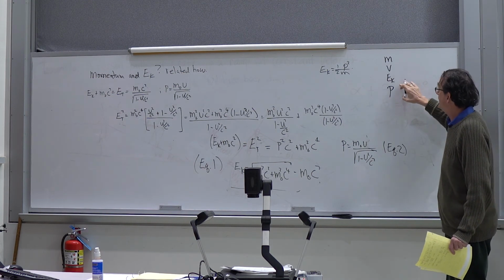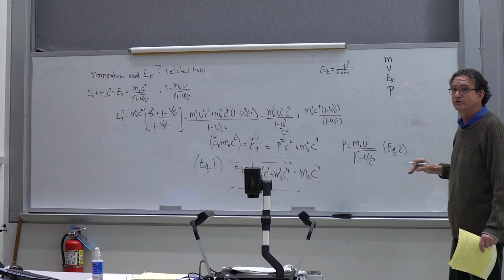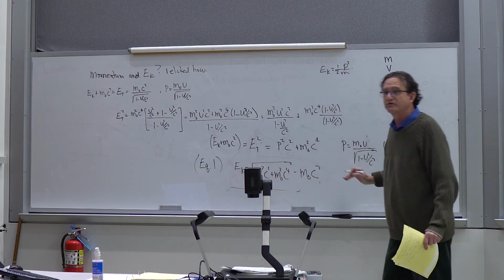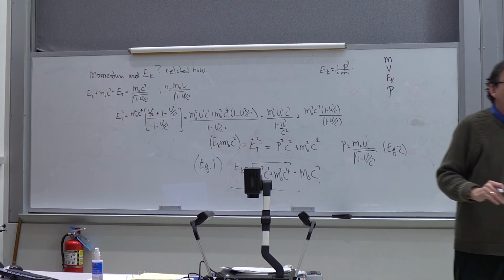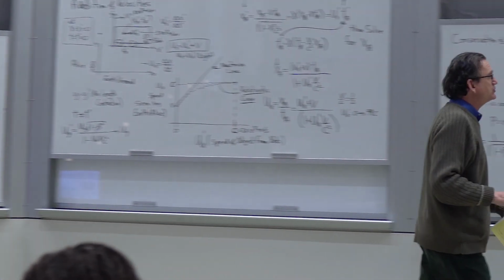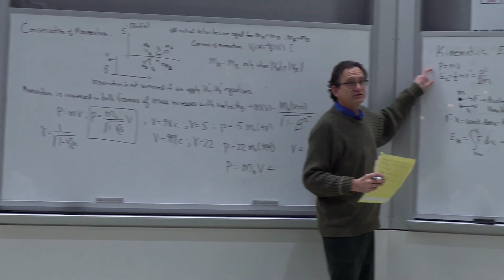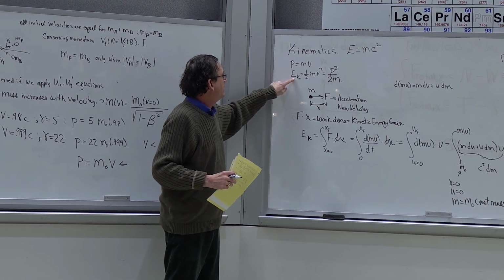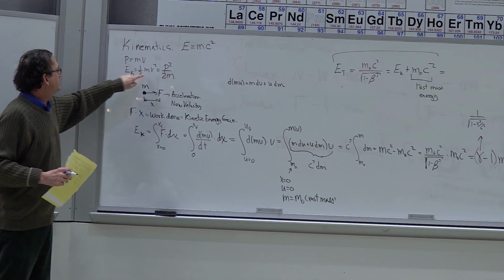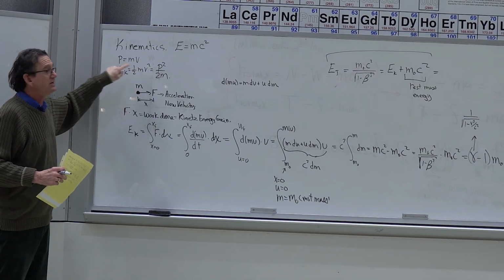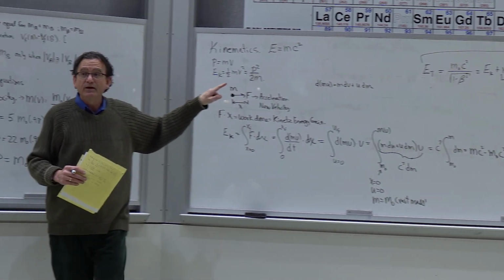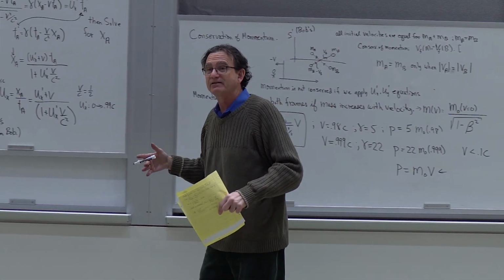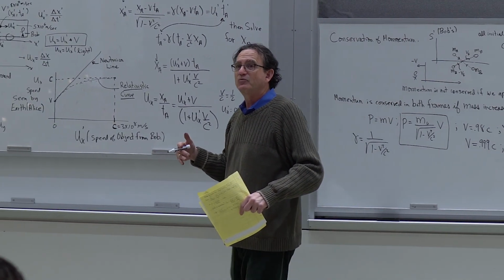I can calculate it from these equations relativistically, or from these 2 equations, non-relativistic. If I know mass and velocity, I can calculate momentum and energy. If I know mass and kinetic energy, I can calculate velocity and get momentum. The same principle holds with these, except they're a little more complicated and a little more tricky to use.